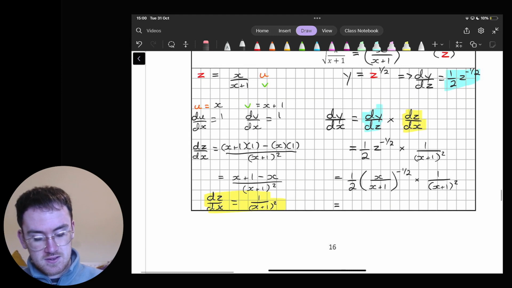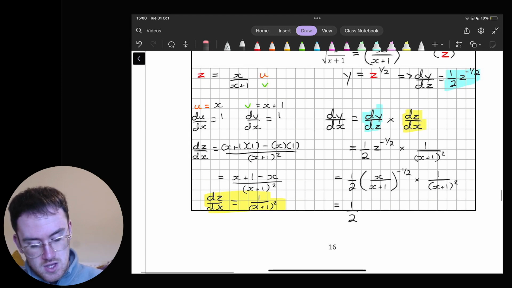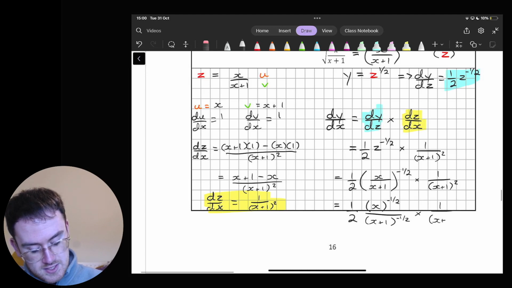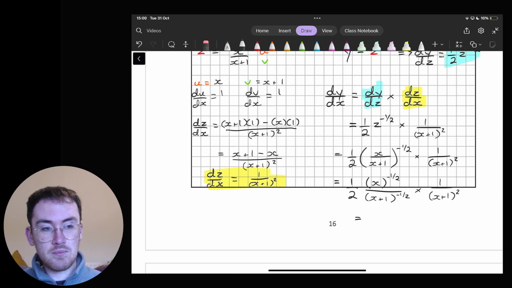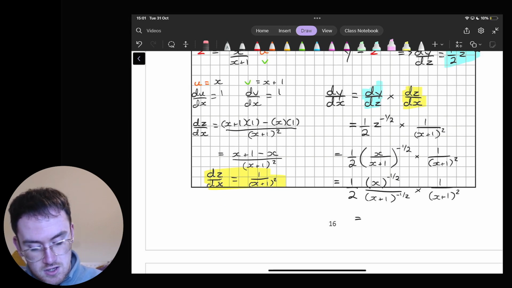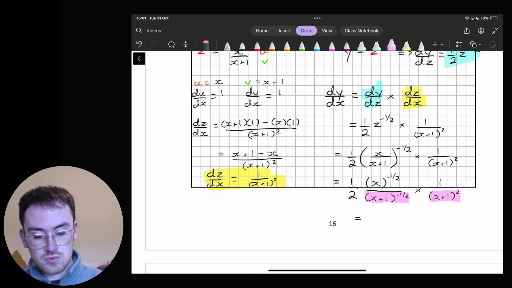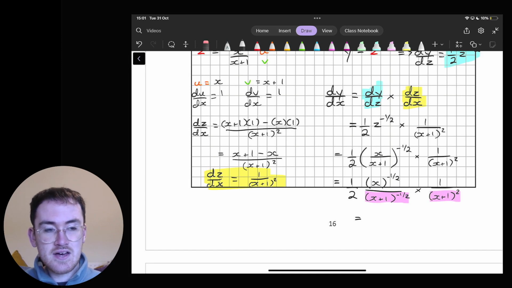This maybe is where things get more confusing. We could split this part out here and write it as x to the power of minus a half over x plus 1 to the power of minus a half, and we're multiplying by 1 over x plus 1 squared. Okay, if we're multiplying those bottom parts, we're going to be adding the powers. So 2 plus minus a half is going to be 3 over 2.